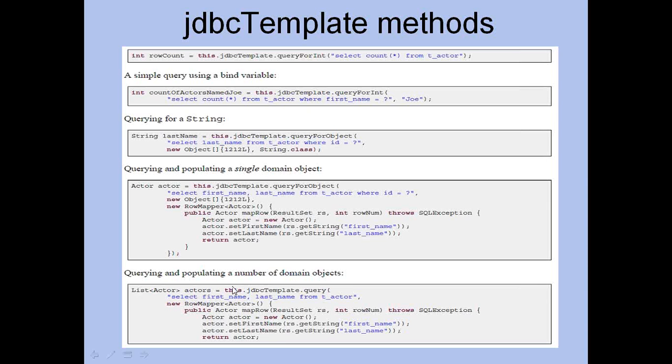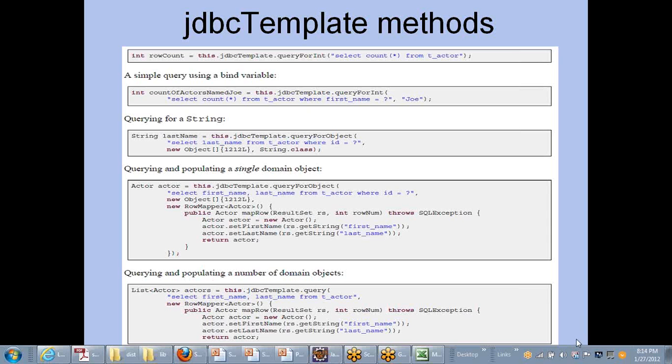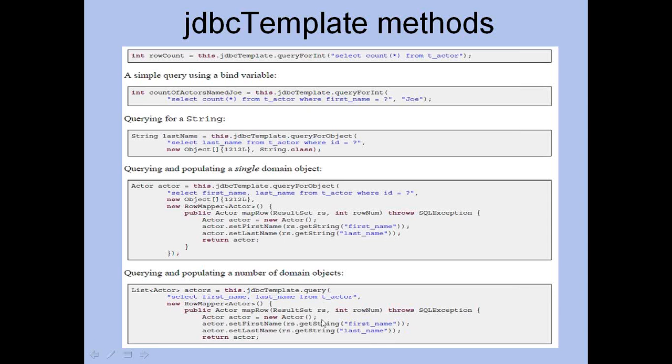And the other one is if there is a list of actors, querying and populating a number of domain objects. See this: select first name, last name from T_actor. Here you will get a lot of results. Even those can be mapped directly using the callback methods.